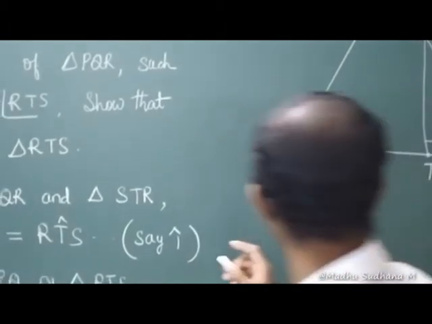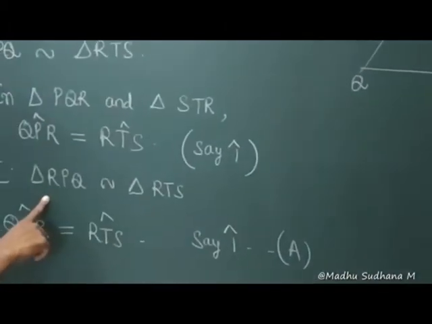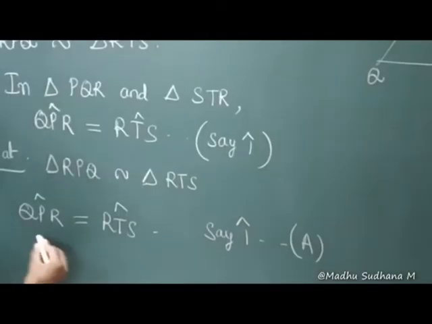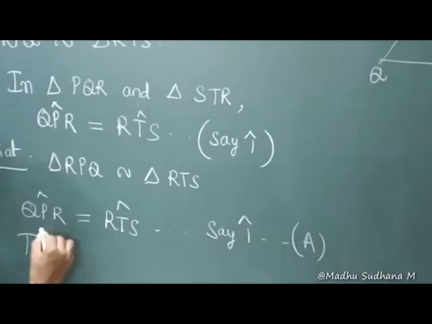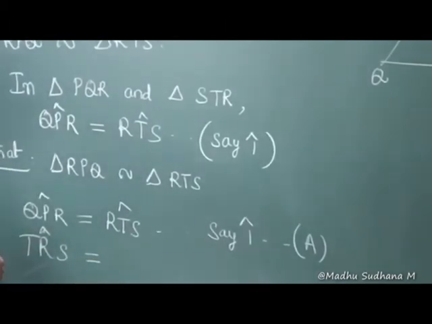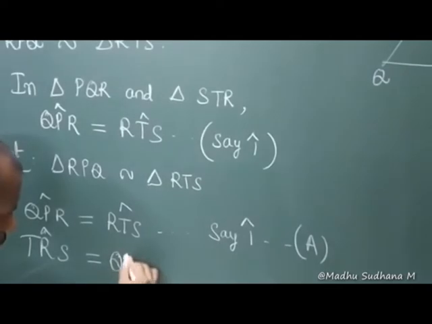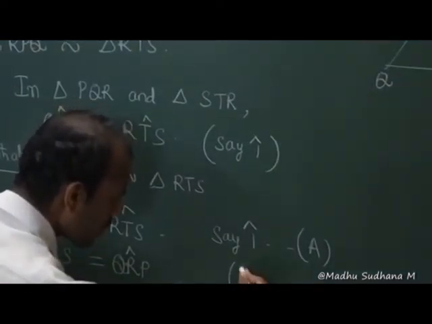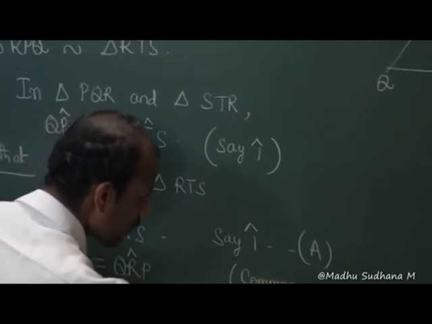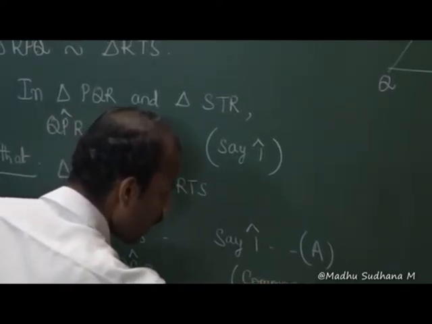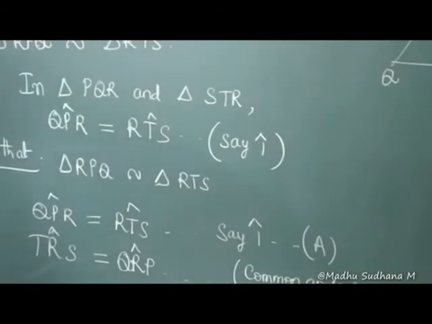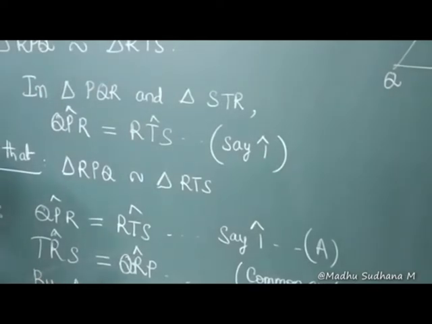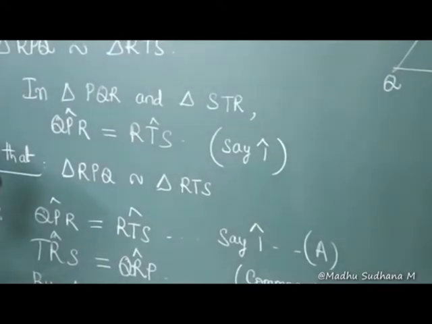So let us write. In triangle, better we can write that. TRS is equal to QRP. So this is one more angle, in the sense this is the common angle R. So from these two, I can now write by AA similarity criteria.